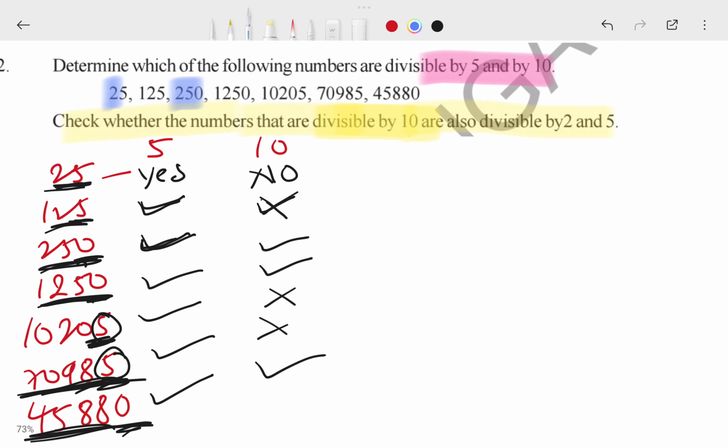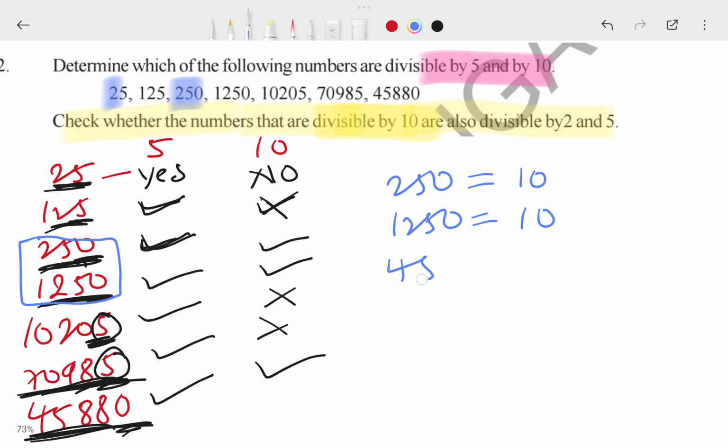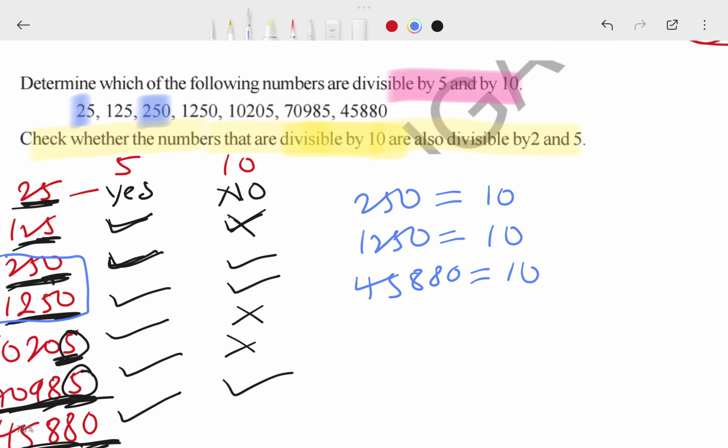I think first, second, third, fourth are going to be divisible. 250 is divisible by 10, okay? And 1250 is divisible by 10, and 140 and 80 and 0 are also divisible by 10, okay? Right, so it is telling us that these are divisible. Now it is telling us to check divisibility by 2 or not.